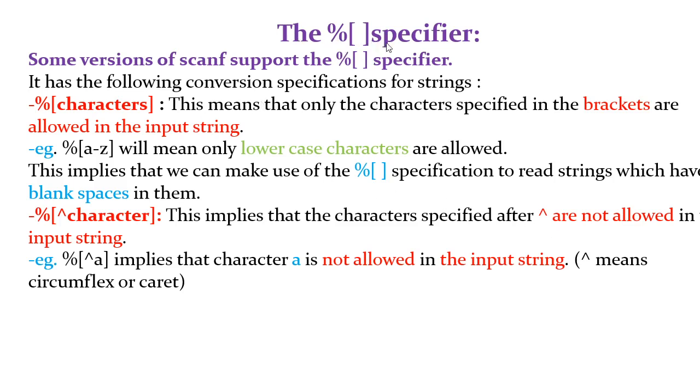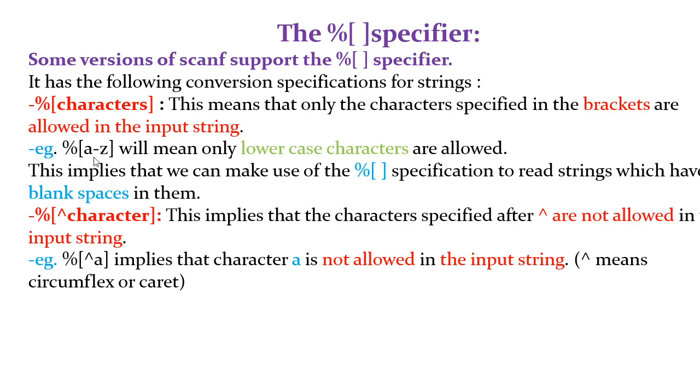The blank space specifier. Some versions of scanf support this blank space specifier. It has the following conversion specification for strings. For example, this is a character set. This means that only the characters specified in the brackets are allowed in the input string.